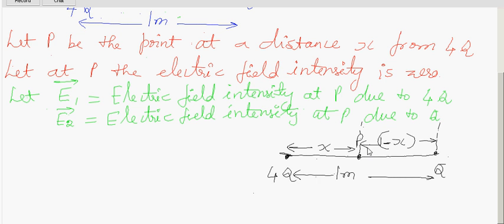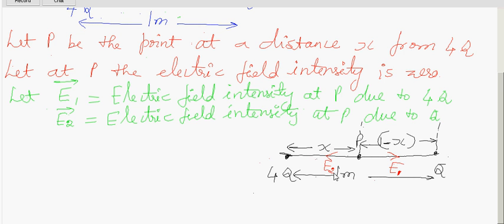The direction of electric field E1 will be away from 4q. The E1 will be in this direction. Similarly, E2 will be away from q. So E2 is acting opposite to E1.